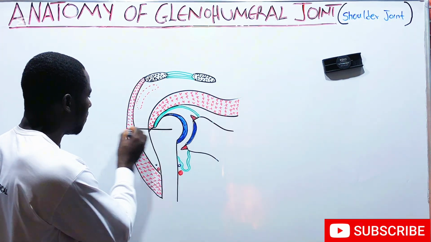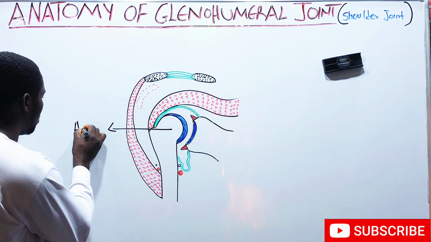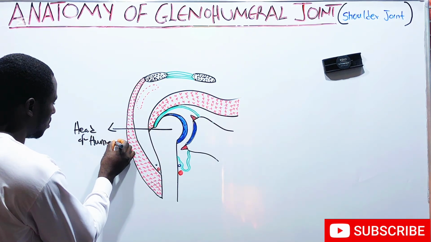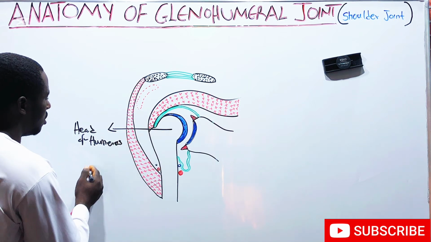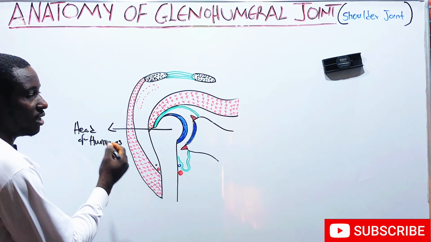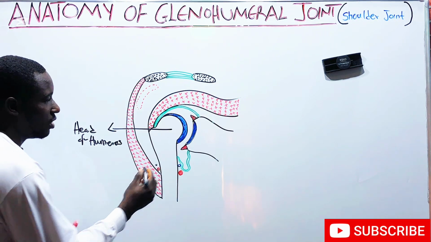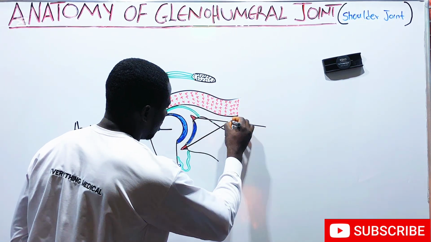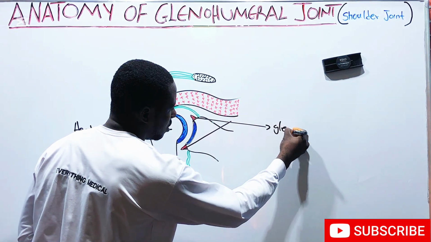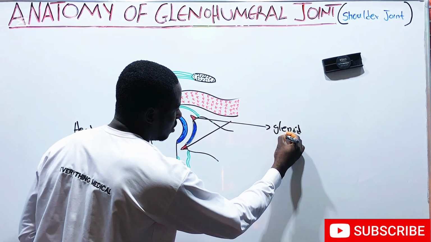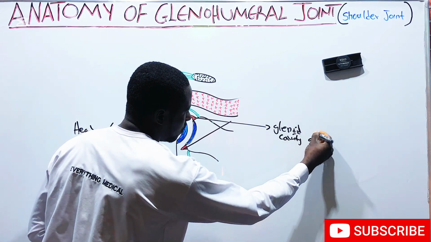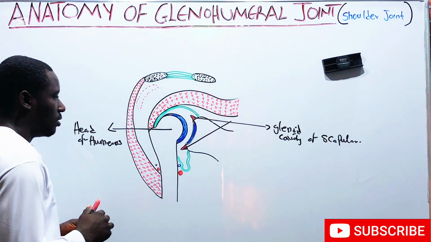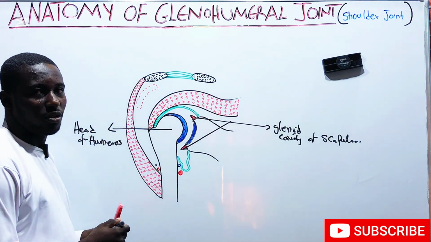It's formed by the head of the humerus, or the glenohumeral head or the humeral head of the humerus, and the glenoid cavity of the scapula. So these are the 2 surfaces that form this articulation.